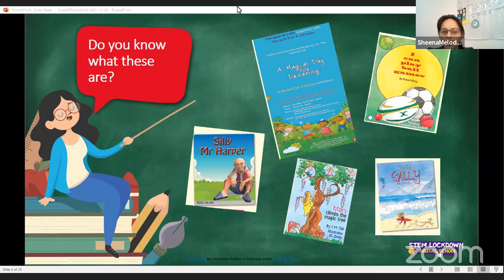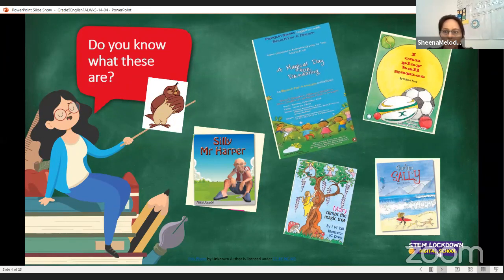So we have Silly Mr. Harper. We have A Magical Day for Dreaming. I Can Play a Ball Game. So we have a number of different books on display. Surfing Sally, Mary Climbs the Magic Tree. So you can see different books.